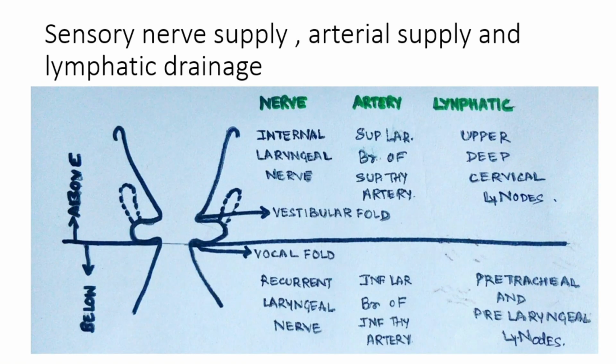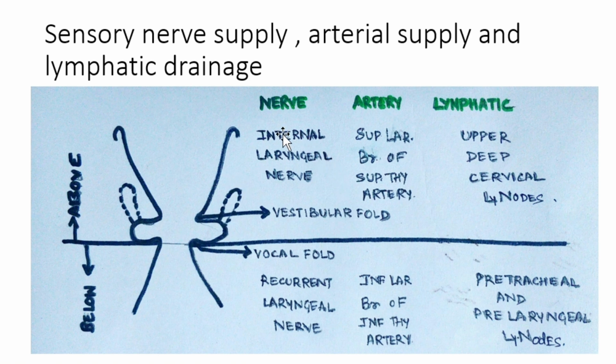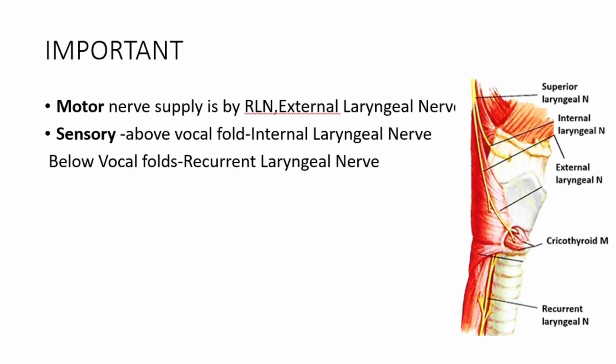Most important part: the sensory supply above the vocal cord is by the internal laryngeal nerve, and below the vocal cord it is by the recurrent laryngeal nerve. Now the motor supply of the larynx comes from the recurrent laryngeal nerve, the main motor nerve.